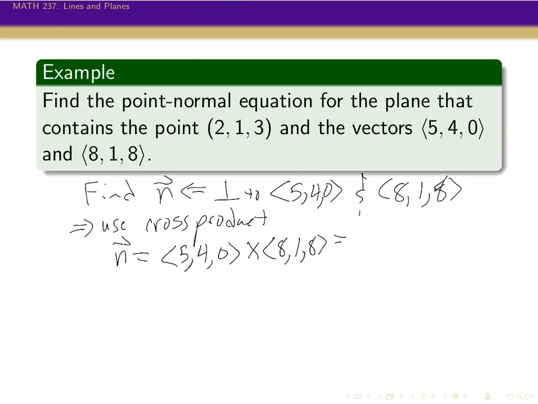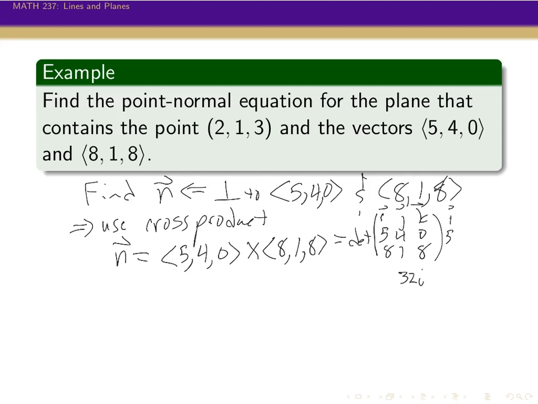And remember, it's that fancy determinant. It's got i, j, and k on top. We've got 5, 4, 0, 8, 1, 8. And so going through, i times 4 times 8 is going to give me 32i.